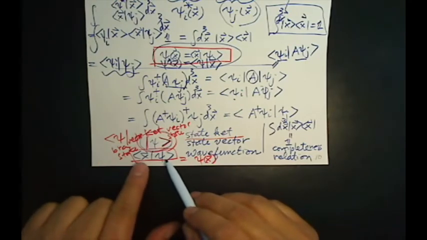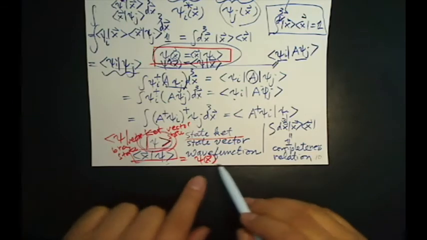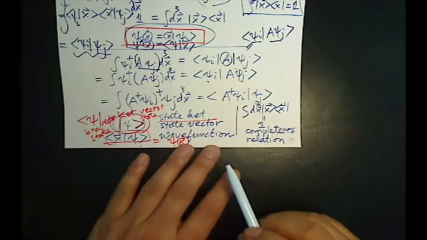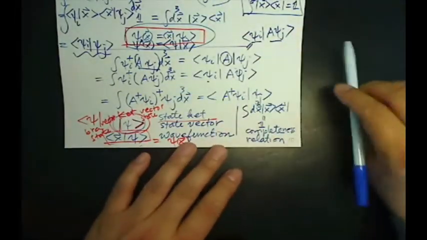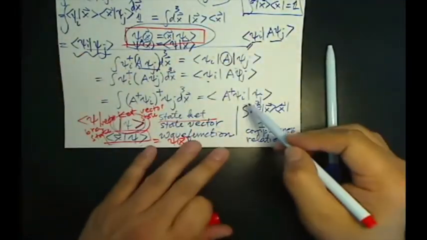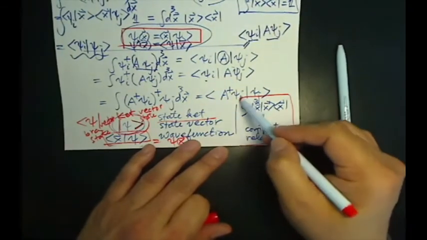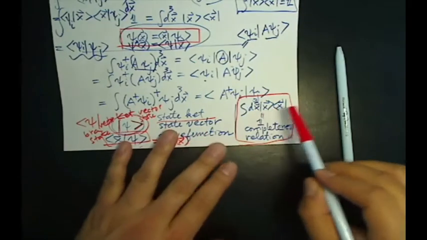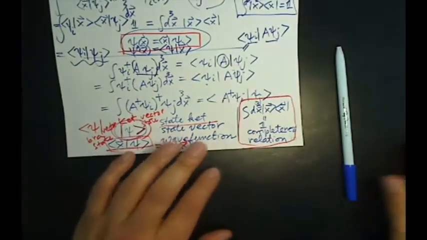And if left and right are flipped, then we say this is the complex conjugate of that wave function. So we have also found another completeness relation: the integration over the direct product of the coordinates is just identity.